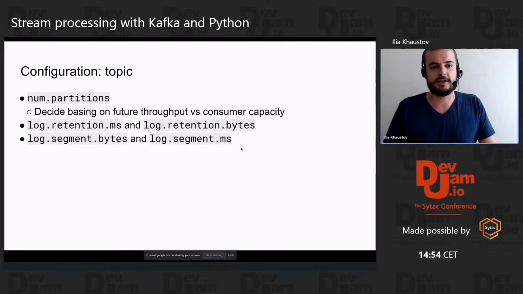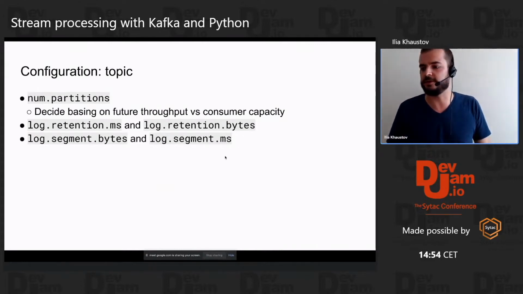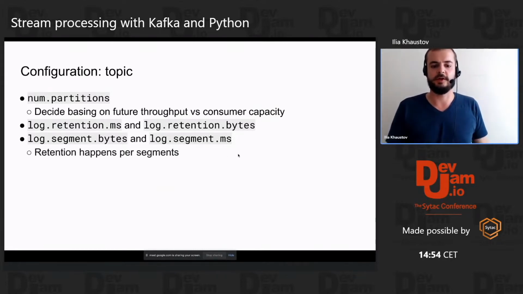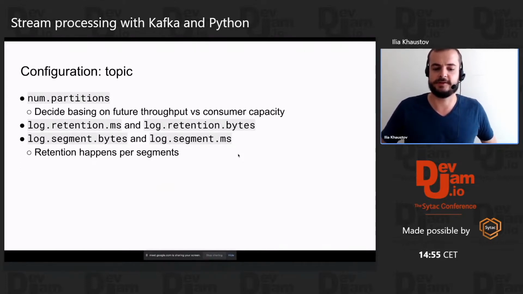So next part is segment, and segments are tricky ones because a segment is another unit inside partition. Messages are kept inside partitions in segments, and they do retention also by segments. And what it means is that if you have huge segments and you don't have so much throughput, when your retention comes, it may be that the segment is not closed yet, and your data can stay in Kafka for months before the segment is closed.